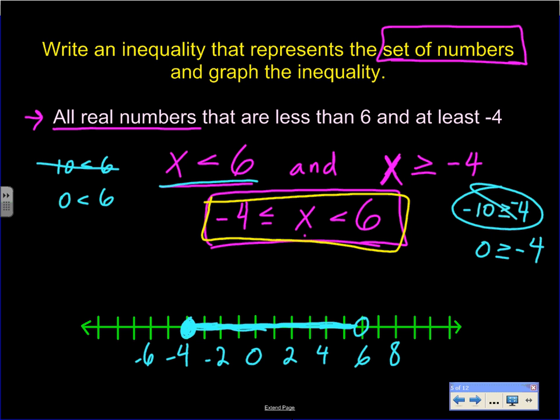On the left side there, negative 4 is one of the answers, but on the right side, 6 is not an answer. 6 will not fall into that compound inequality that we've started out with. It will not be a solution. So the solution set of numbers, that is the answer, negative 4 is less than or equal to x, which is less than 6. And you can see that there on the graph.